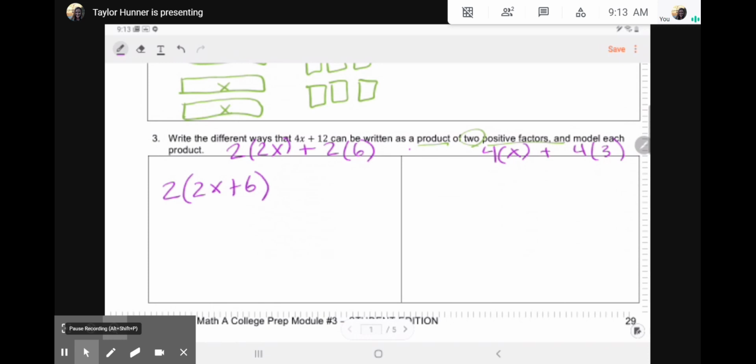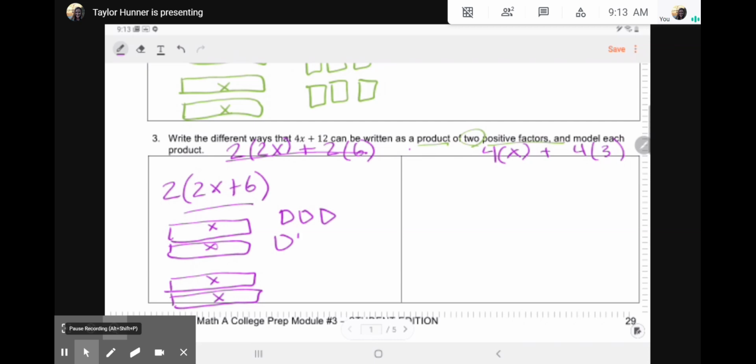It's important to understand that this up here and this up here, it's actually the same thing. So when I model this, it's 1, 2 x's, and then I'm going to do another 2 down here. And then I have 1, 2, 3, 4, 5, 6, and then another 6 right down here.